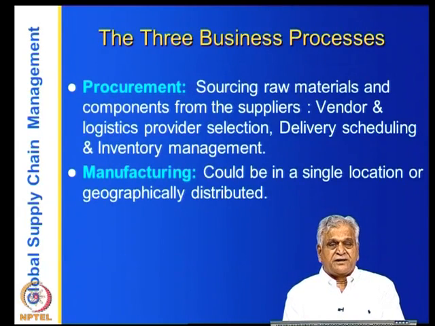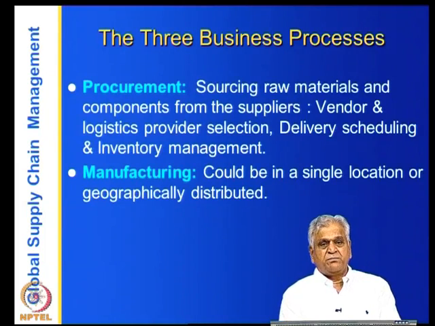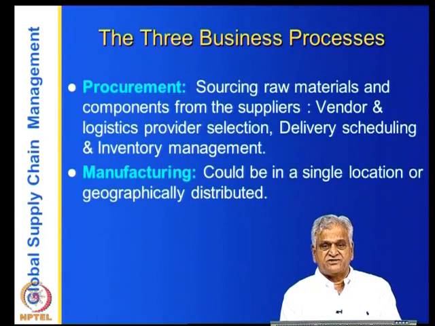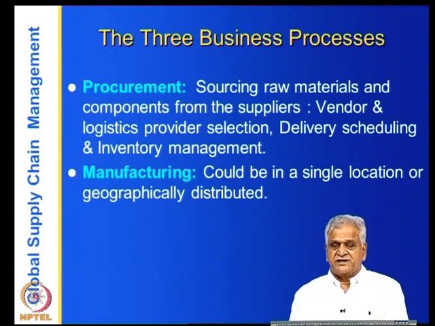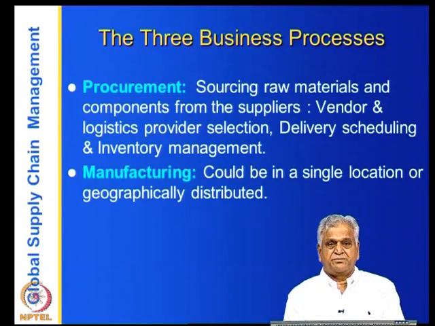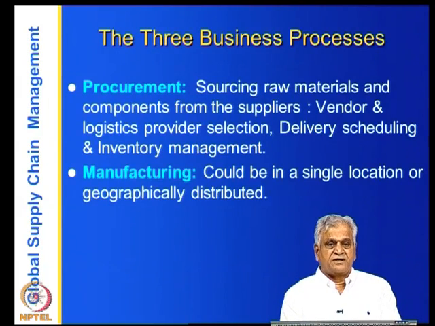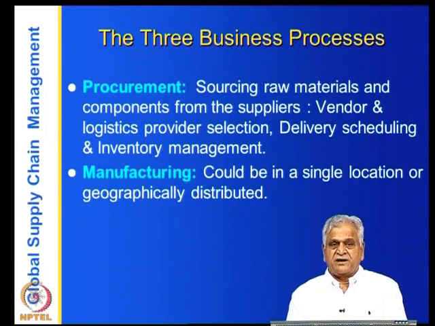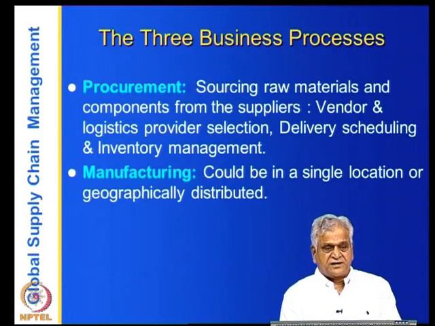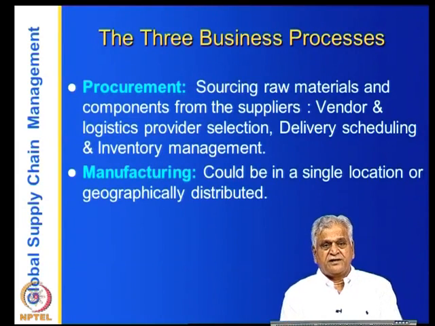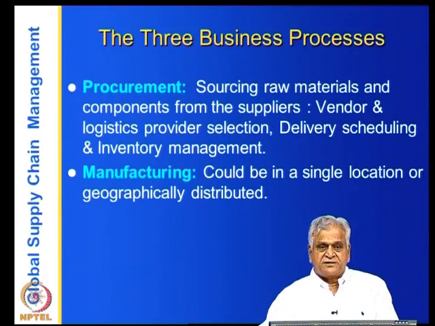But it could be a single location, or it could be a multi-plant location. In other words, part of the product is done in one location and it is shipped to the other location, and so on. So this kind of thing happens in apparels. For example, in the apparel industry, we will see this particular example in more detail in the later lectures of this course.